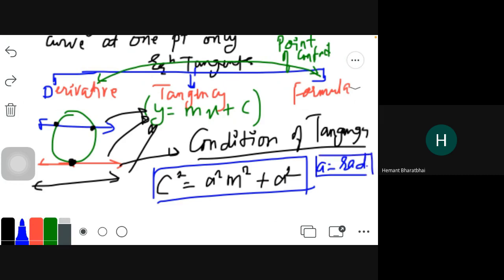So you are going to get a from the radius, that is from the equation of the circle. And you are going to get the values of c and m from the line. So if any line is satisfying this condition, then it is a tangent. If it is not satisfying this condition, then it is not a tangent. As simple as that.